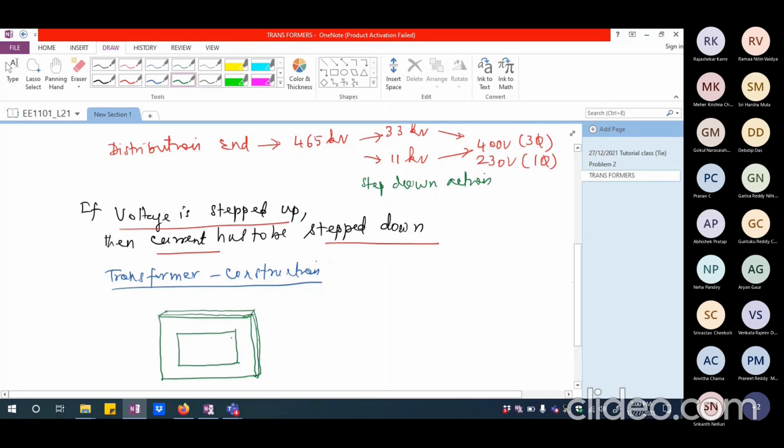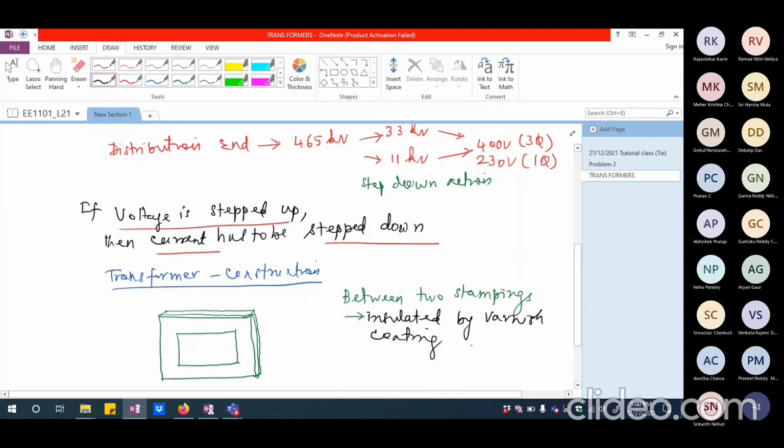They are going to be arranged one behind the other, but between two stampings, generally we will have insulator. So the two stampings generally will be insulated from each other by varnish coating, or maybe we will have a thin sheet of paper, maybe we will have chalk powder, maybe we will have some kind of cloth.